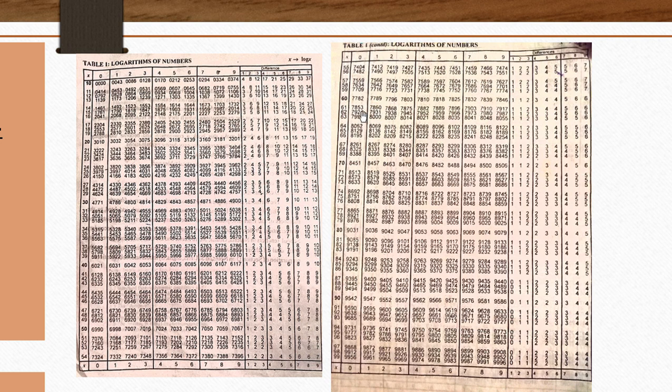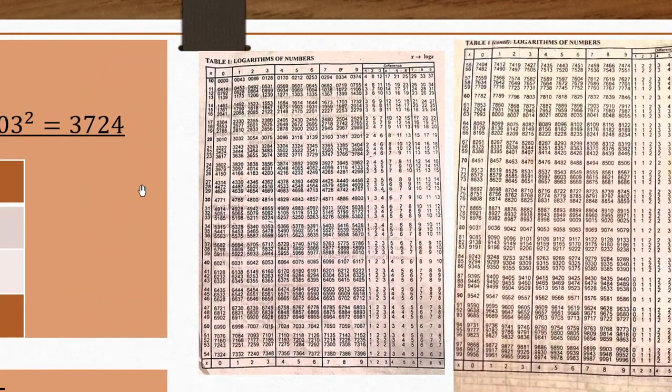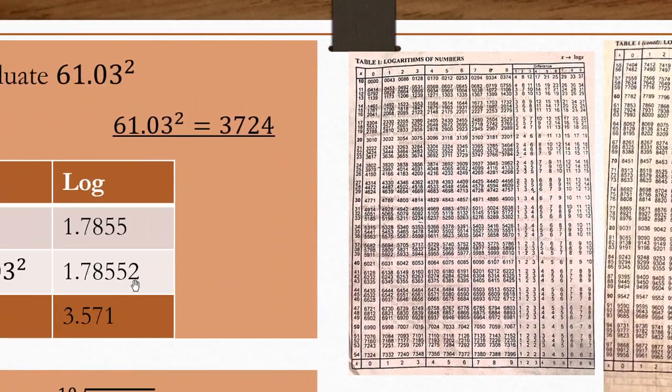Remember, they said we should make sure our difference is on the same row with our digits. So 61 under 0 difference 3, and 3 was 2. So difference 3 is 2. That will be 5853 plus 2. That's 5855.